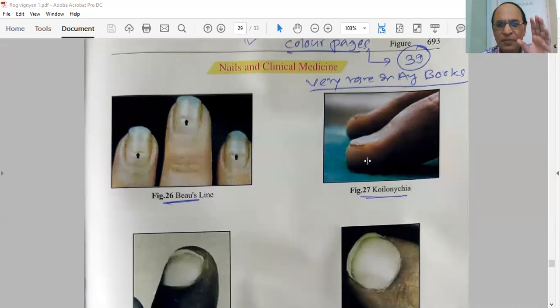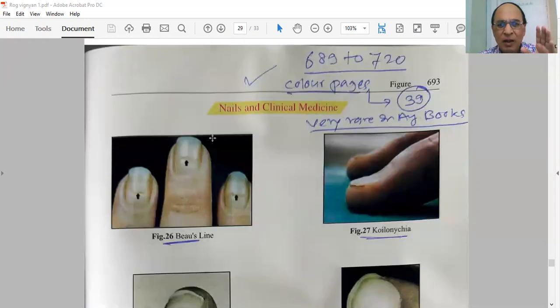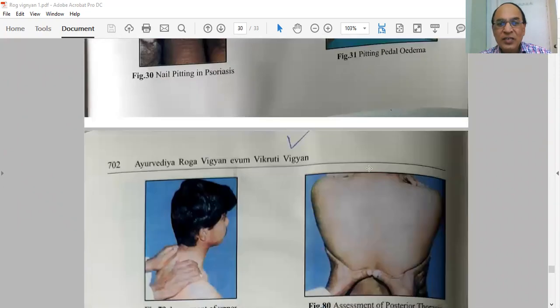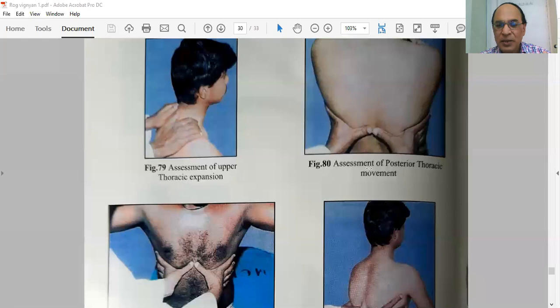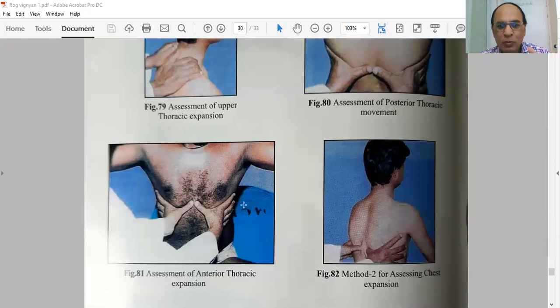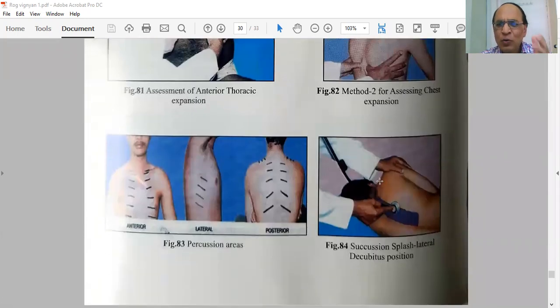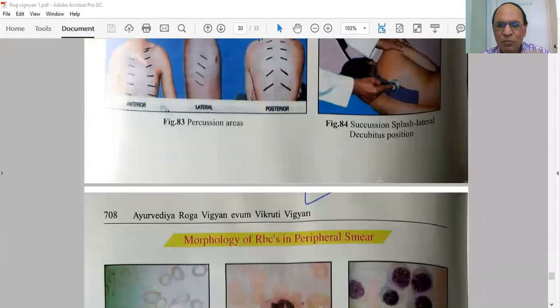39 pages colored. Can you see Beau's lines in anemia? Then chronic diseases, koilonychia, spoon shaped nails in anemia. So in this way, for example, here respiratory system examination, how you should do the assessment of upper thoracic expansion, posterior thoracic movement, anterior thoracic expansion. When you see the pictures, it is fit in your brain.